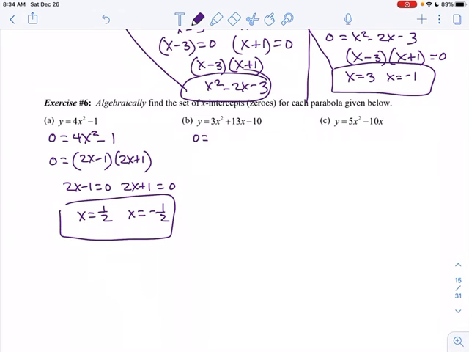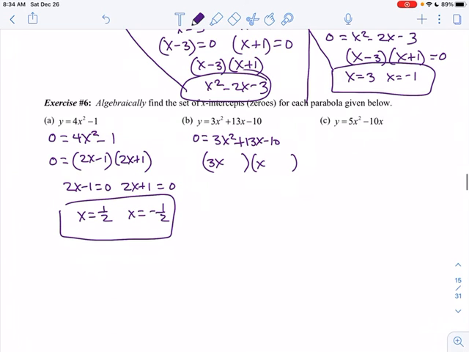All right, same thing here. I'm going to plug in 0 for y. This one's a little bit harder because I have a number in front of the x squared. But there's only one choice. The only way to get 3x squared is to multiply 3x times x. And I'm just going to have to play around with the factors because they could be 1 and 10 or 2 and 5. Now, if they're 1 and 10, if the 10 was here, that would be 30. That's way off, so it's not going to be 1 and 10.